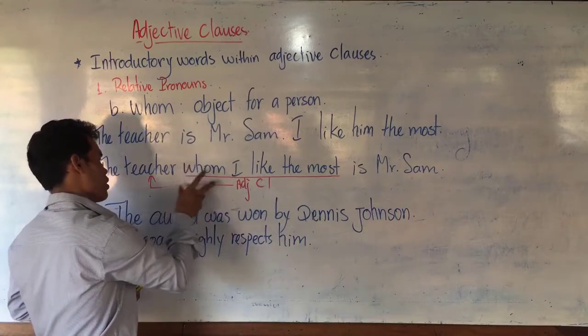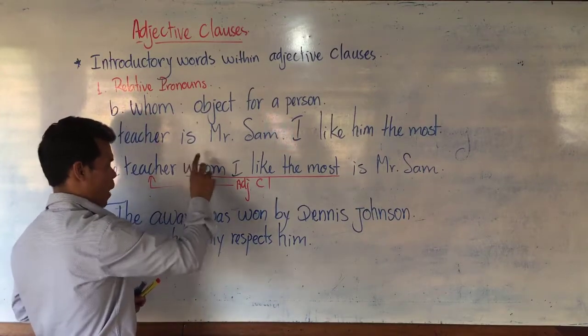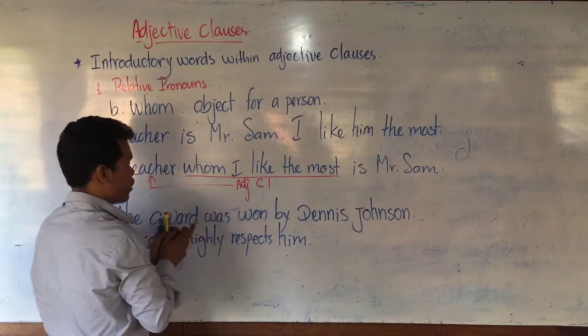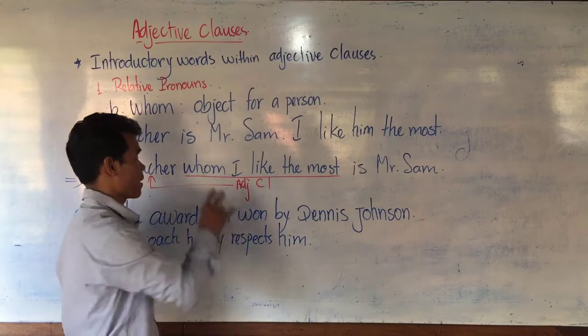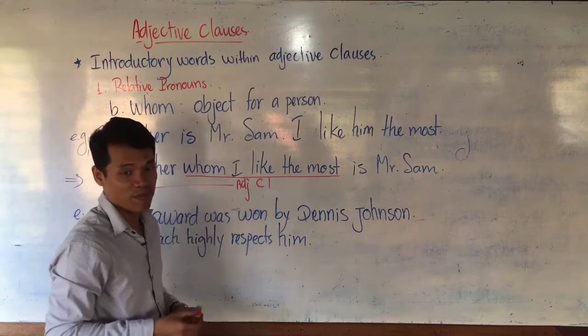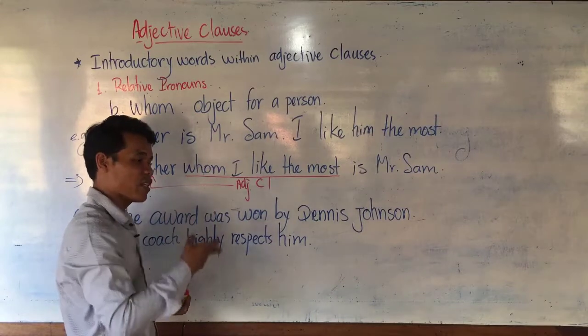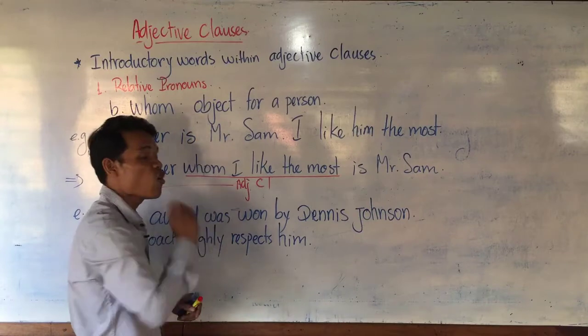In this position, can I use who here? Well, it's okay when who functions as the object, but between who and whom, whom is more formal, but who is informal actually. So when the question is between whom and who, which one is the best answer? The best answer is whom.